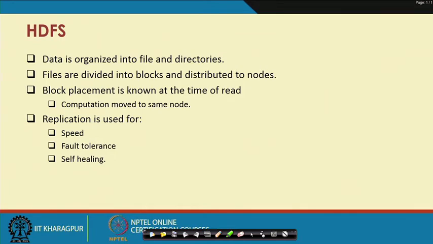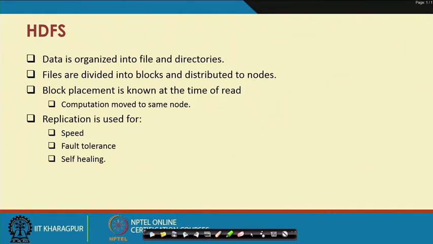Now, similar to standard file systems, files are divided into blocks, but unlike standard file systems, these blocks are distributed to different nodes in a Hadoop cluster. These blocks are data that is sitting on the native file system of different nodes of the Hadoop cluster.